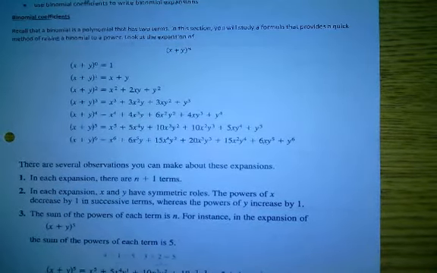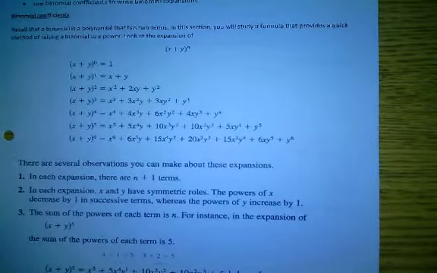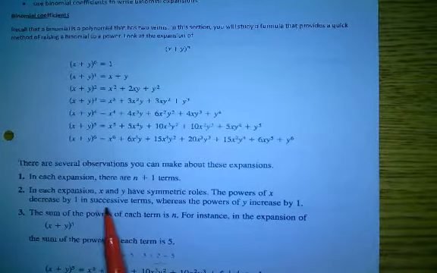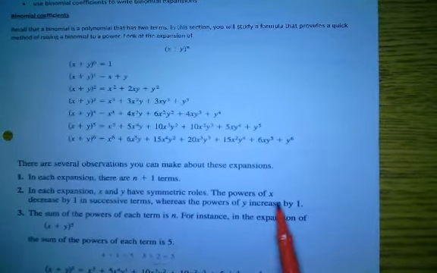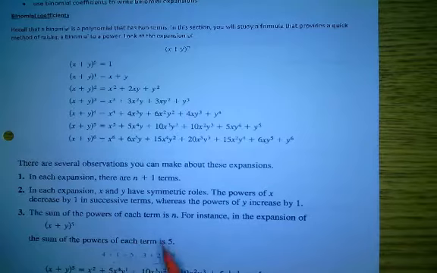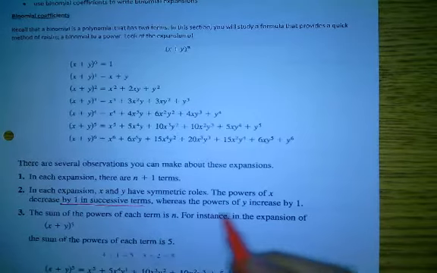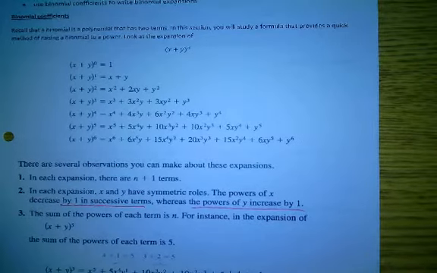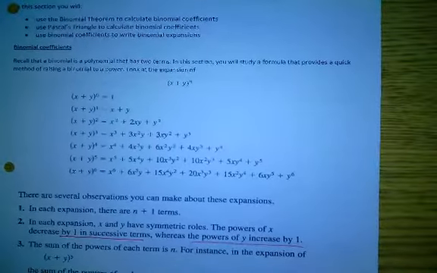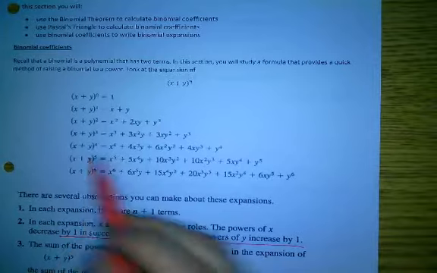Cool? The second observation that I would like you to make is that in each expansion, x and y have symmetric roles. What I mean by that is that the powers of x are decreasing by 1 successively, while the powers of y are increasing by 1 successively. Okay? So here's what I mean. Look at, for example, x plus y to the 5th power.